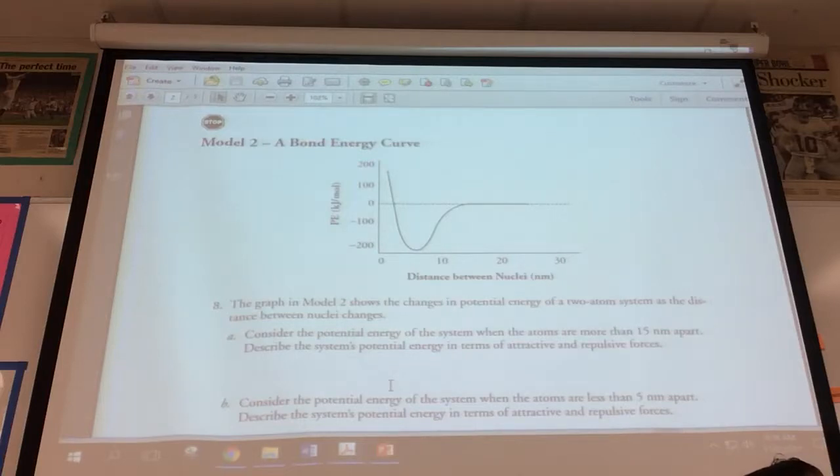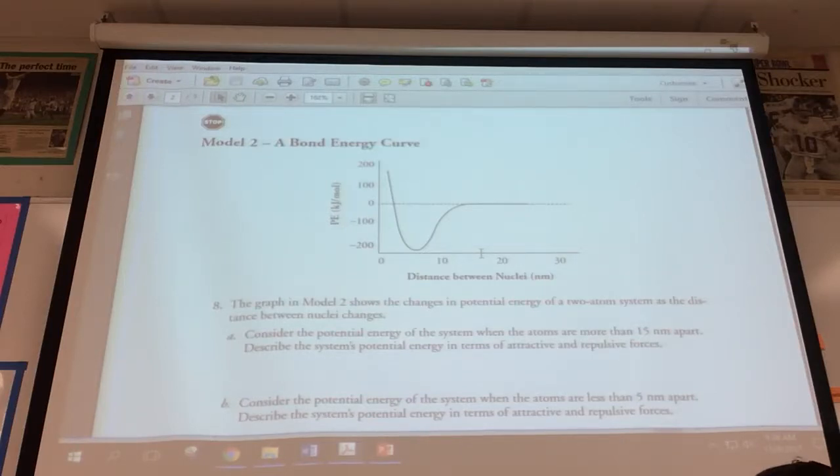Consider the potential energy of the system when the atoms are more than 15 nanometers apart. So here's 15, and when you're more than 15, describe the system's potential energy in terms of attractive and repulsive forces. What do you think?